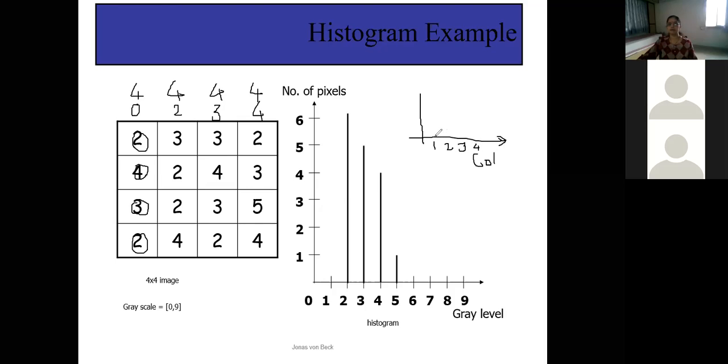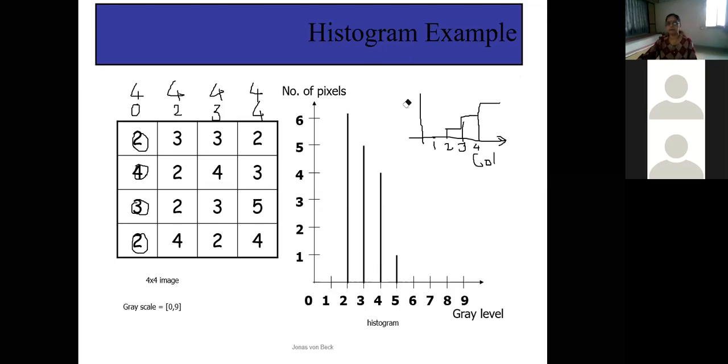For the first pixel, value is 1. For the second pixel, amplitude is 2. For the third, it is 3. For the fourth, it is 4. So it will look something like a staircase. If we consider a continuous graph, the profile will look like a staircase for this particular image.